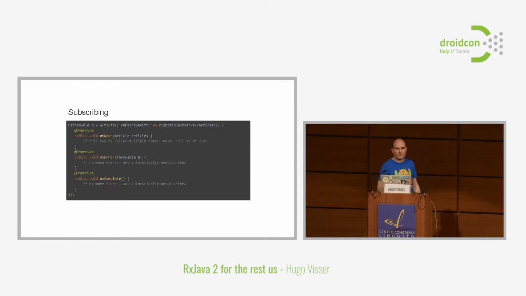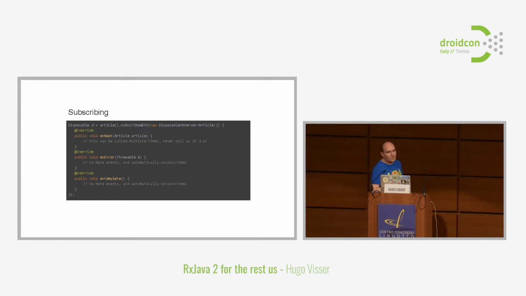In RxJava 1, it's called subscribe, and you pass it a subscriber, taking the type of value event that you want to have. Again, this is a slightly different name, but the principle is kind of the same. In RxJava 2, this is called DisposableObserver. In RxJava 1, it's called Subscriber. And this method will return an object that is called Disposable, and it will allow you to cancel your subscription.